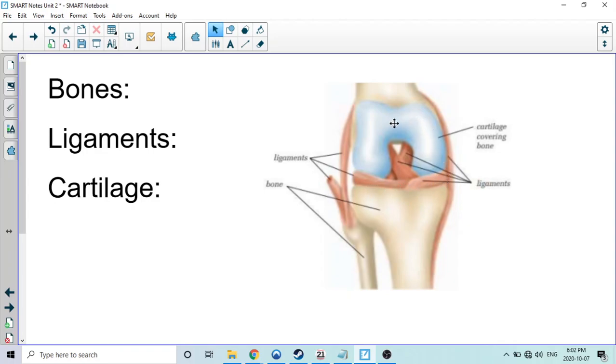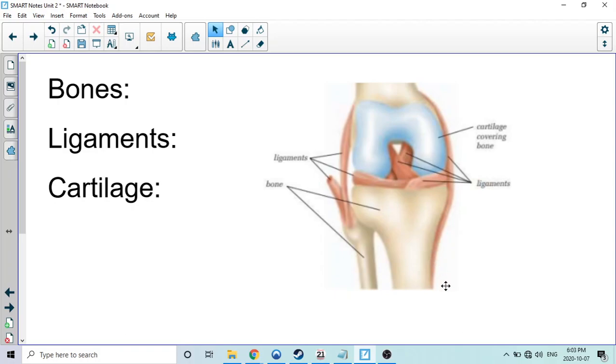It's actually fairly common as people get older that this cartilage starts to wear away a little bit. And that's why some people will have to get their knees replaced. My dad had this actually. His cartilage is worn away. So they have to go in and put an artificial knee in here to make it so the bones don't grind on one another. So that's what the cartilage is for.